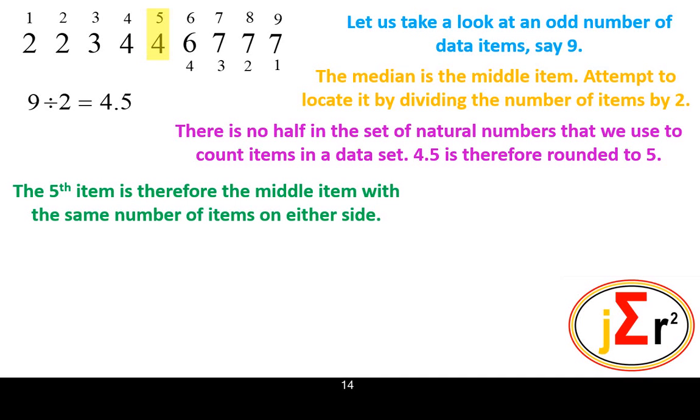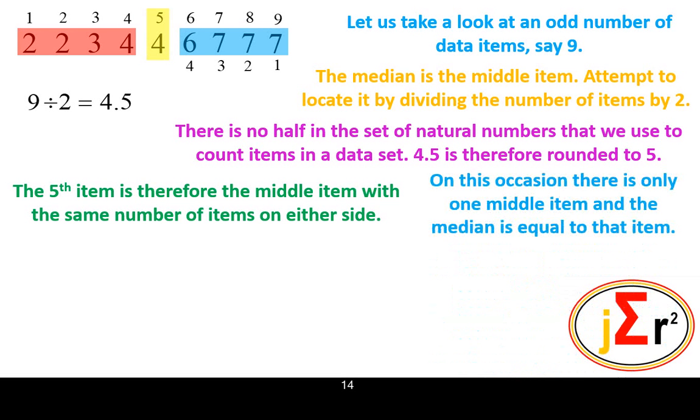And that's what we are talking about, either side of the middle entry. So there we have 4 items on the left and 4 items on the right, which proves that we have just identified the middle entry, which will be the median of the data set.